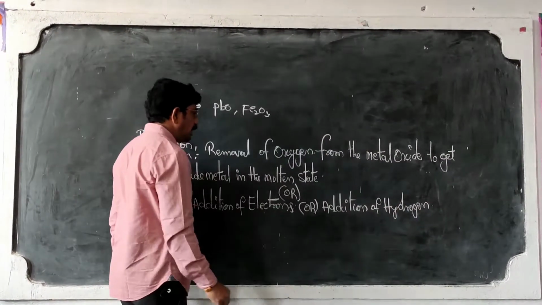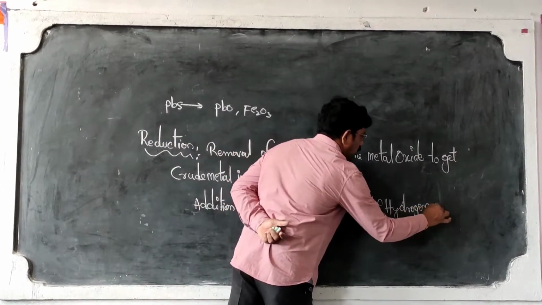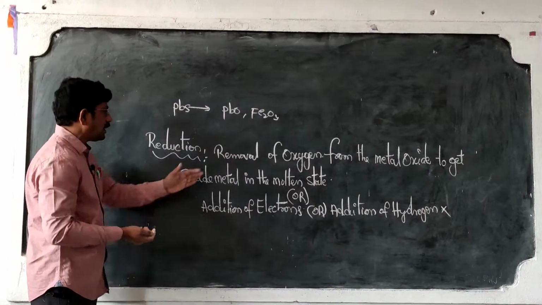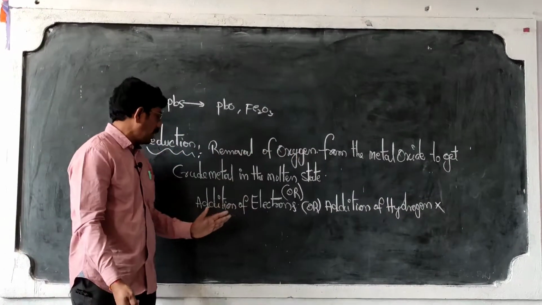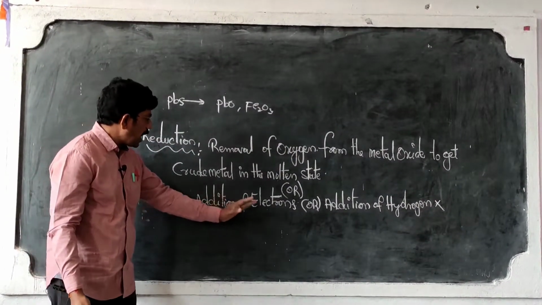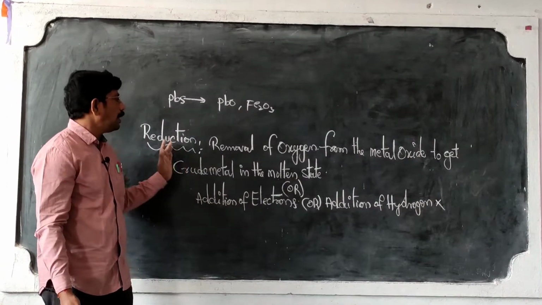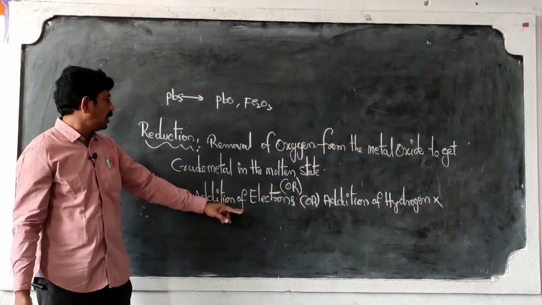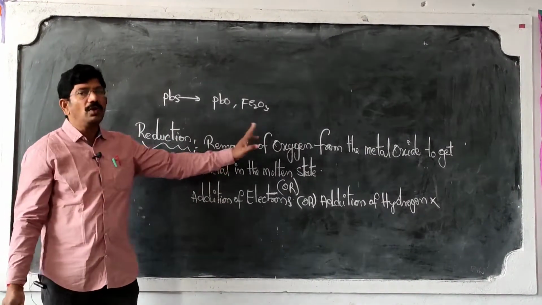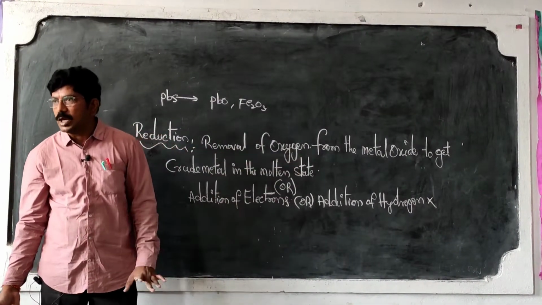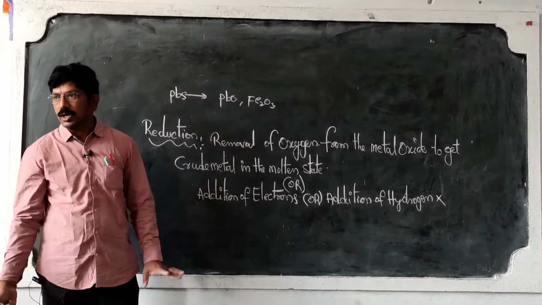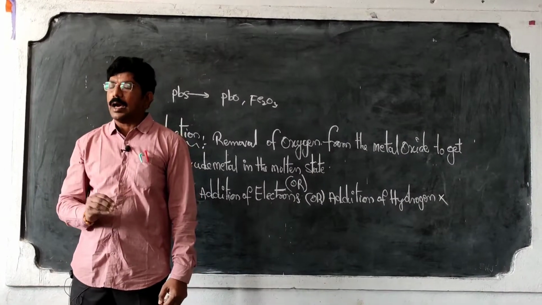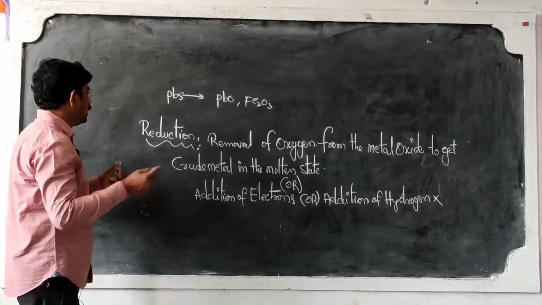In this metallurgy, we avoid this addition of hydrogen because it is not there. We don't discuss that. We only discuss how to remove the oxygen from the metal oxide or how we are adding electrons to the metal oxide. Are you clear about that one? So addition of electrons is nothing but reduction, or removal of oxygen from the metal oxide is also considered as reduction.